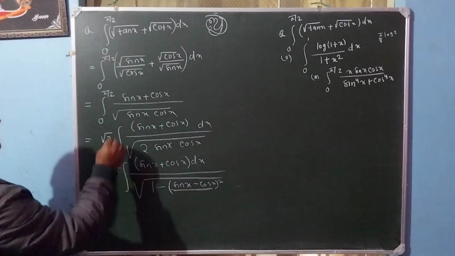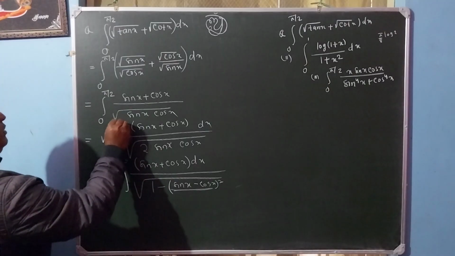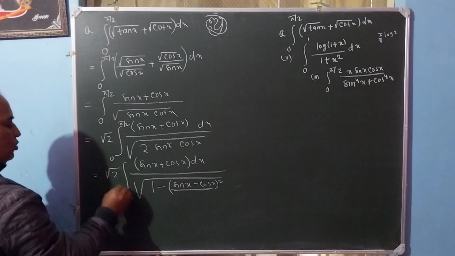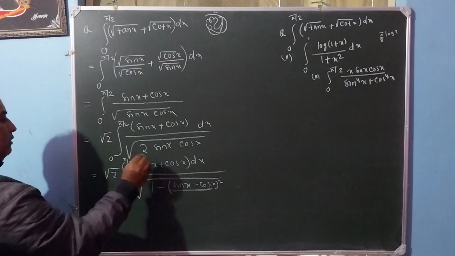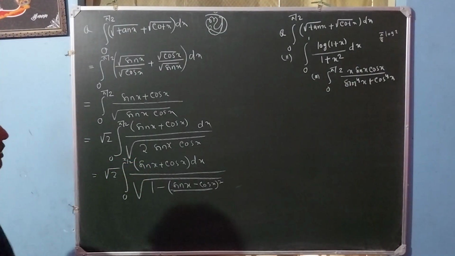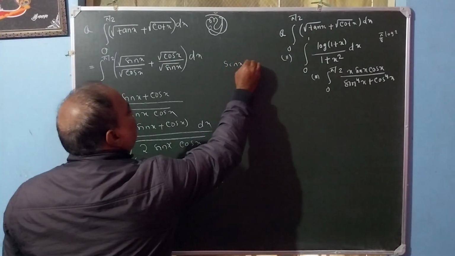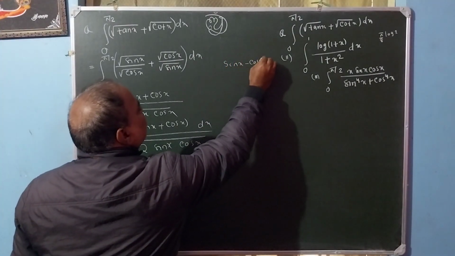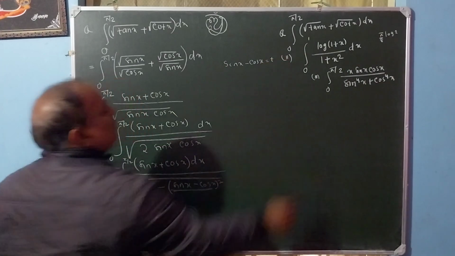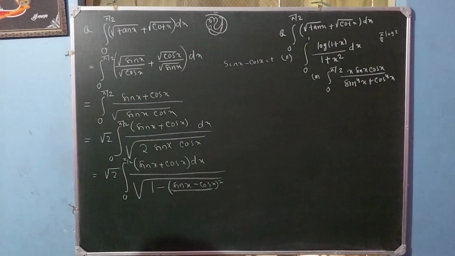Write down, here it is 0 to pi by 2. Then you have to take sin x minus cos x is equal to t. Once you put this, you have to differentiate on both sides with respect to x.